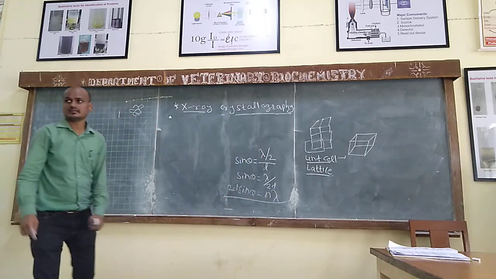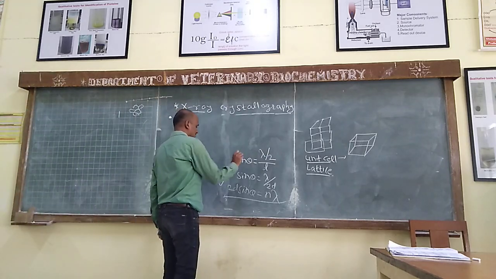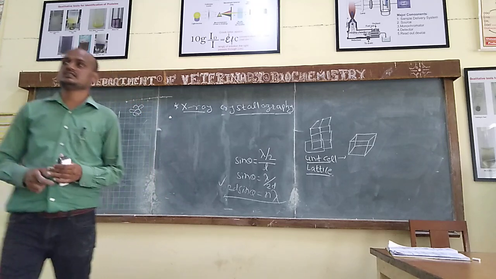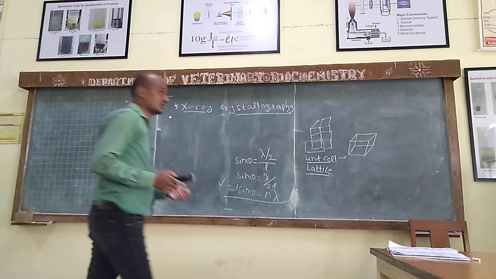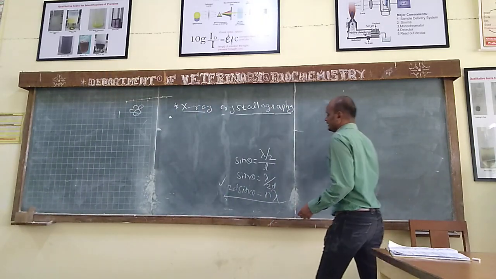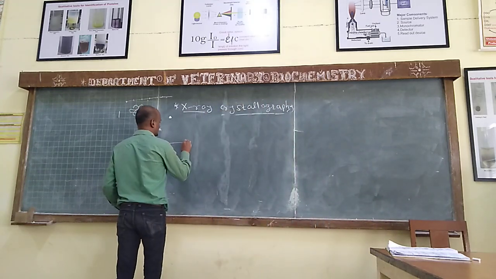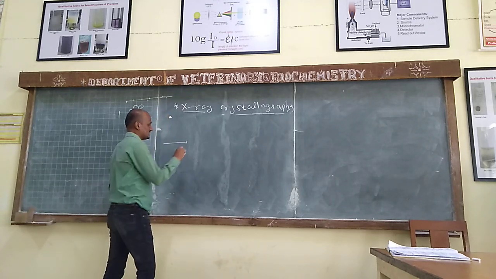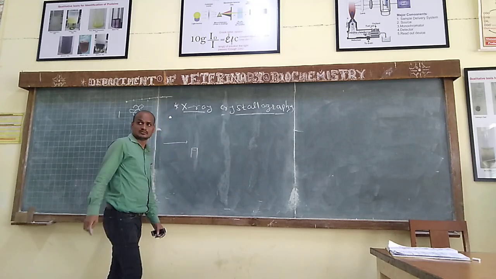So likewise, after rearranging, n lambda is equal to 2d sin theta. This equation is Bragg's law. This father and son got the Nobel Prize for their work on X-ray crystallography. Whenever we are determining the X-ray crystal structure, we are passing light like this. Light we are passing, then we are putting it on this rotating goniometer.